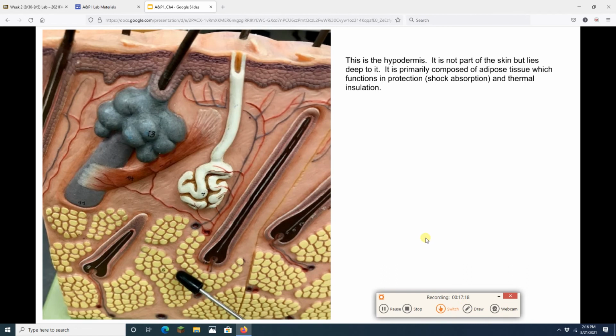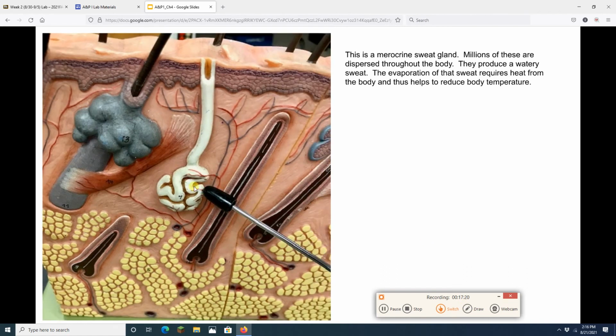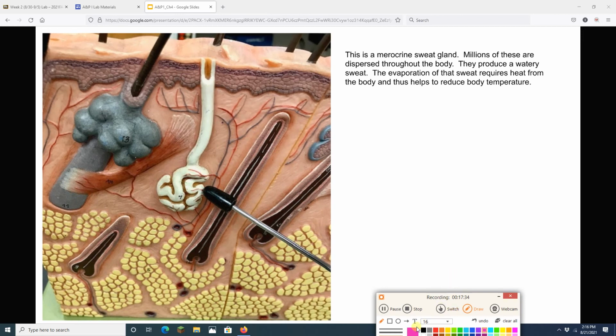Let's do some more skin stuff. This right here is a sweat gland. This white ball-like thing with a duct extending to a pore opening on the surface is a sweat gland. And there's actually two types of sweat glands we're going to meet. This variety of sweat gland is called a merocrine sweat gland.